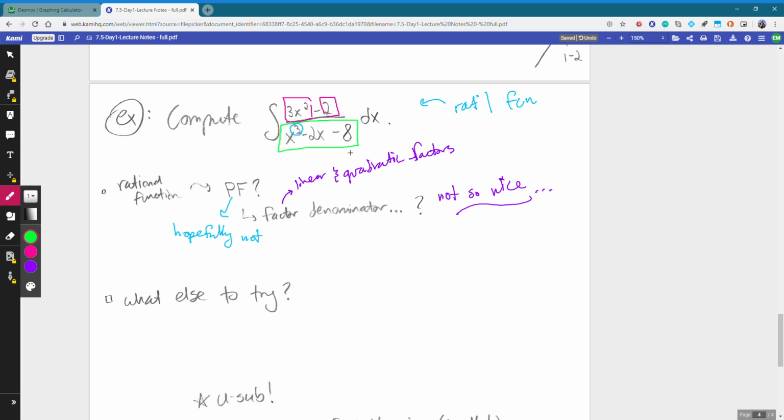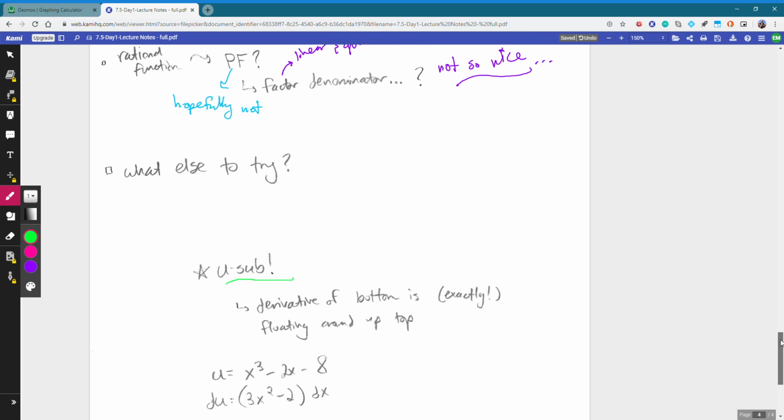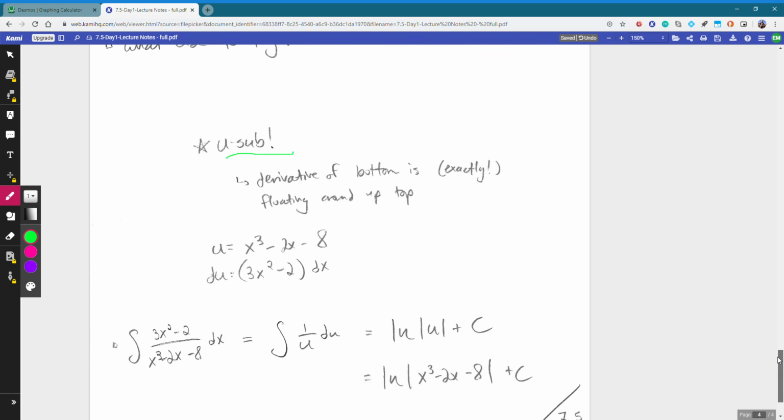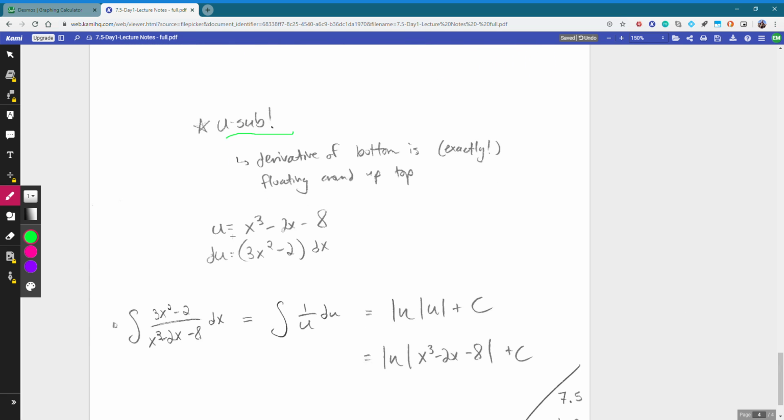Well, what's the derivative? 3x squared minus 2. It's floating right up top. And so u sub is definitely going to be the way to go for this one. If we let our u be our denominator, our du is right there.